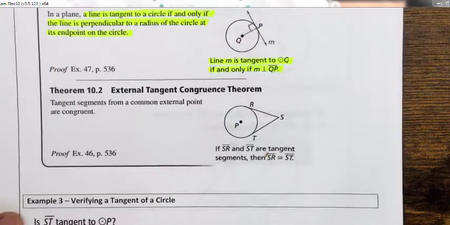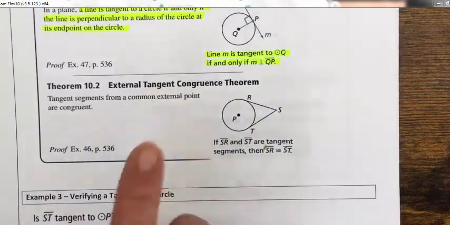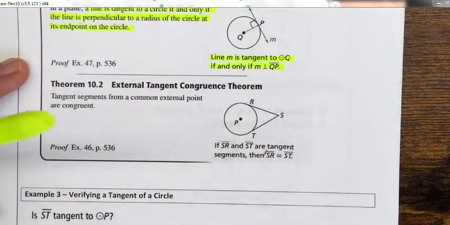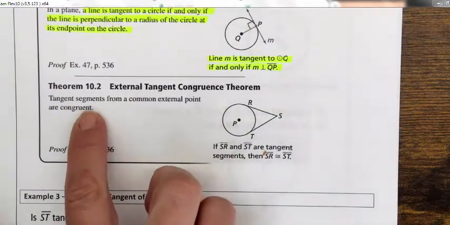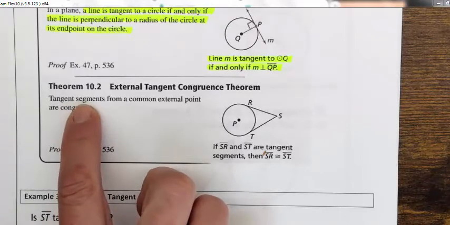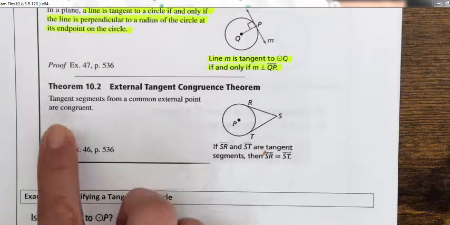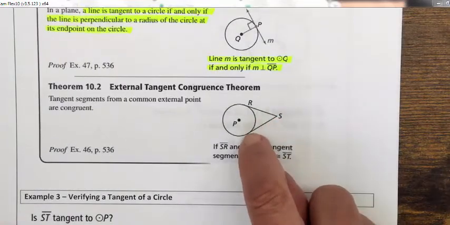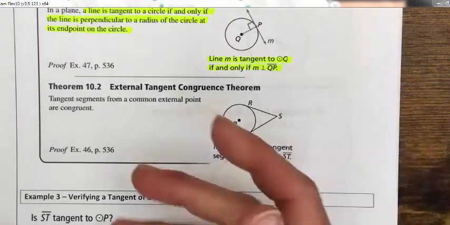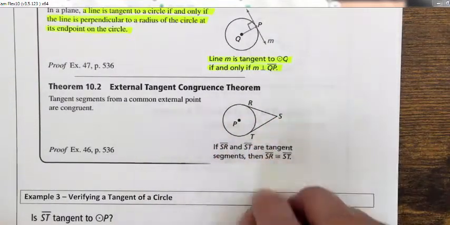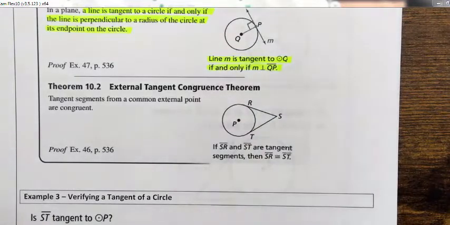All right, we've got another one. The external tangent congruence theorem. I don't really care much about the names, but I care what they mean. Tangent segments from a common external point are congruent. So if we have two segments that are tangent, that gets a little tricky because when we defined tangent, we defined it as a line.